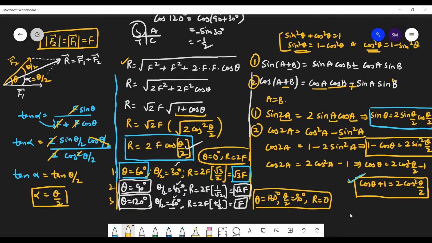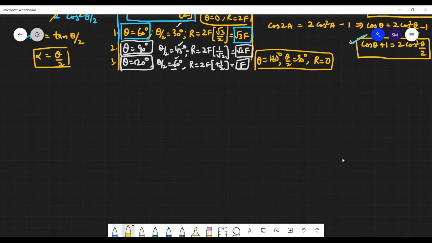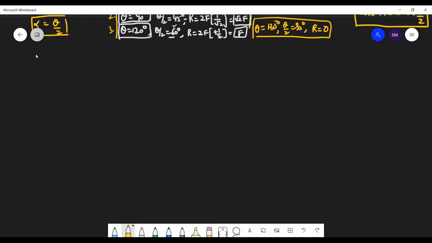Okay, students. So the second concept for today is, suppose we have this vector A, and we have another vector B. Let's draw this again.